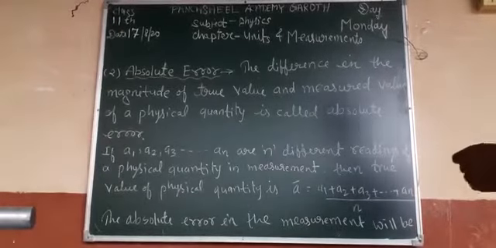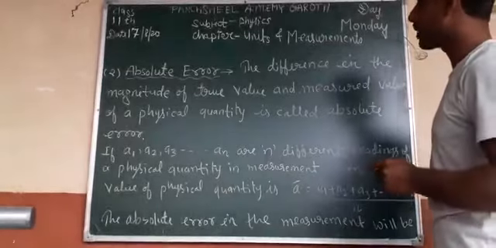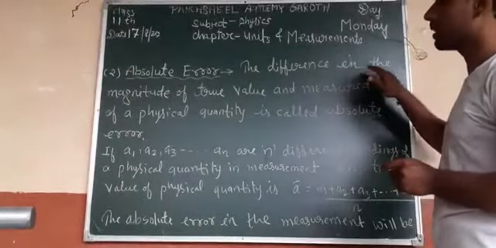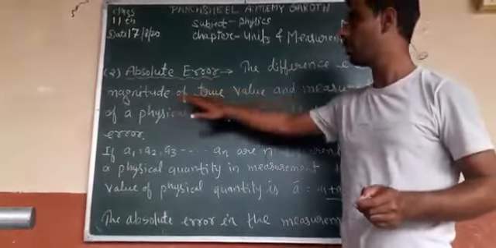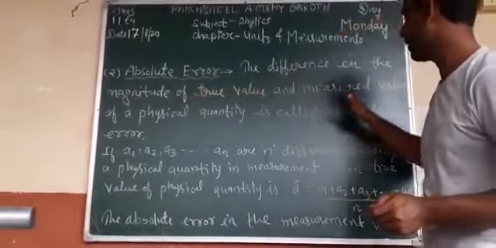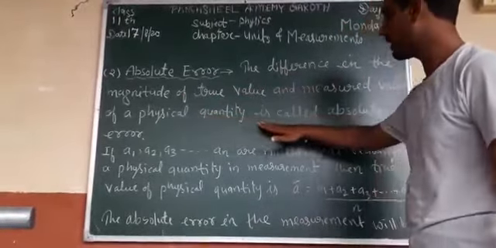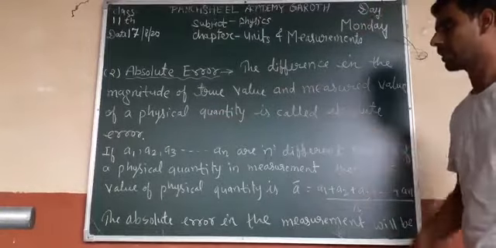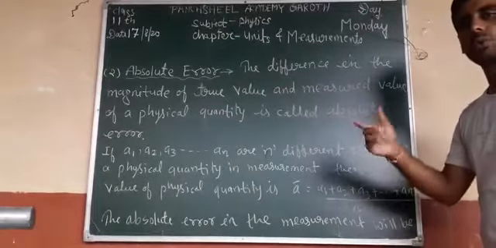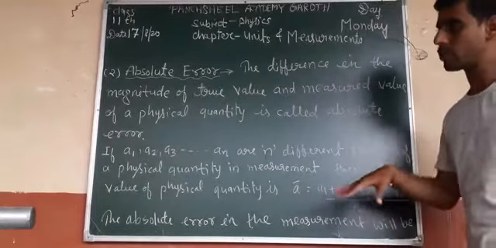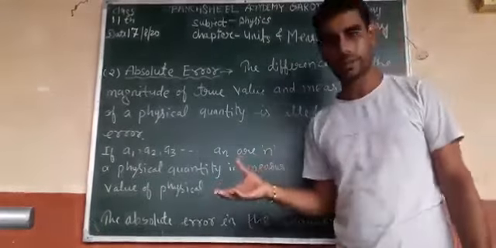Second, absolute error. What is absolute error? The difference in the magnitude of true value and measured value of a physical quantity is called absolute error. It is the difference between true value and measured value. And what is true value? It is the average value.